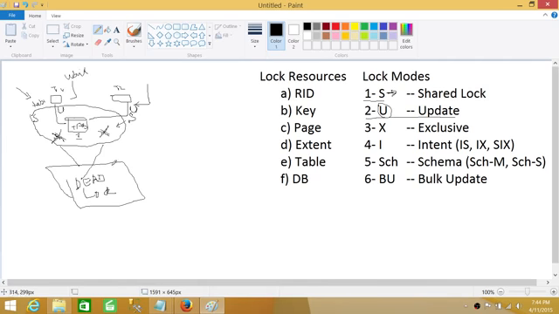In order to prevent this first type of deadlock, there is something called an update lock right here. Instead of running into this situation, SQL Server does this: okay, let me give you, T1, the updatable lock. So this one is not really waiting.